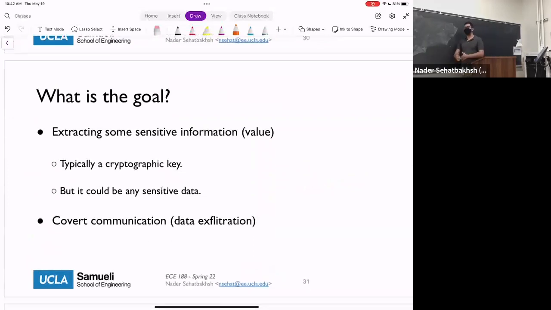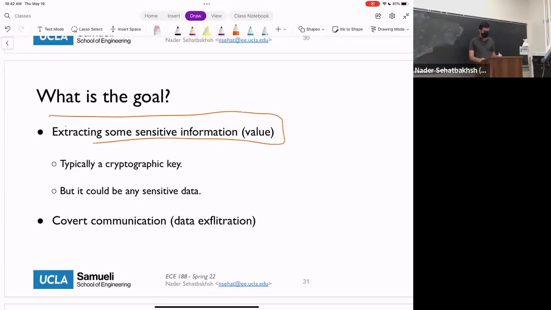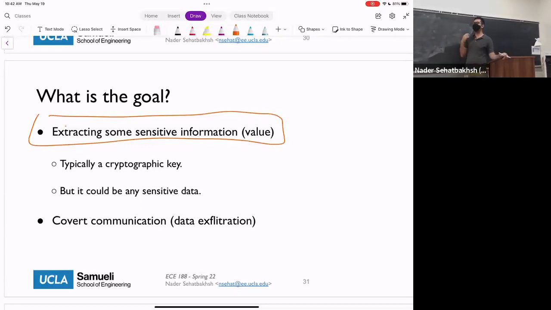So what is the goal in physical side channel attacks? Goals are very, very similar to digital. So typically what we are looking for is extracting some sort of value from the system. And these values are usually sensitive values. The majority of work in physical side channel attacks has been focused on how we can extract the keys.